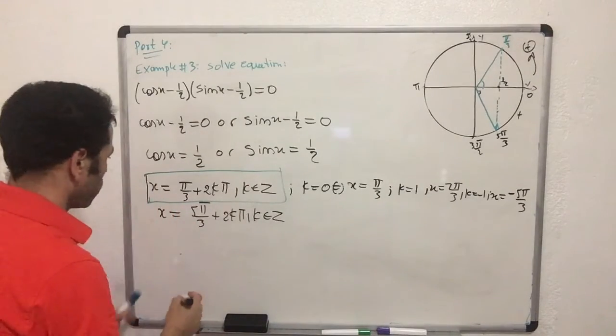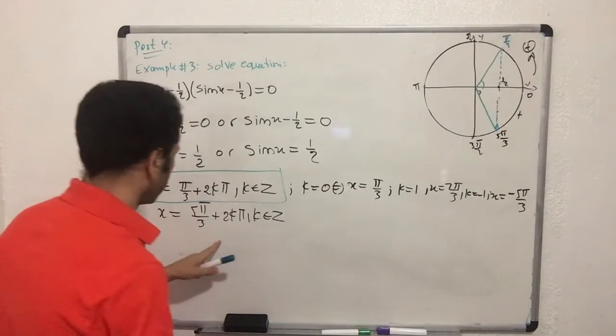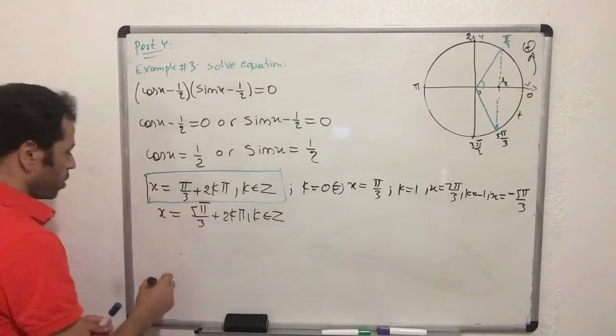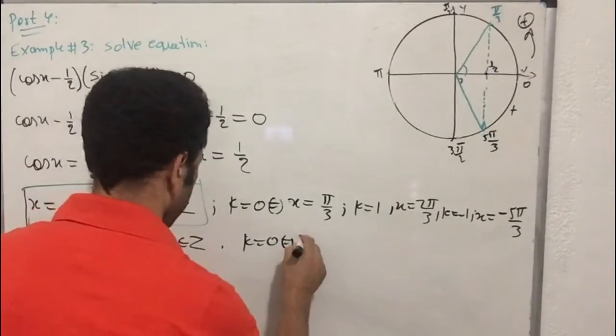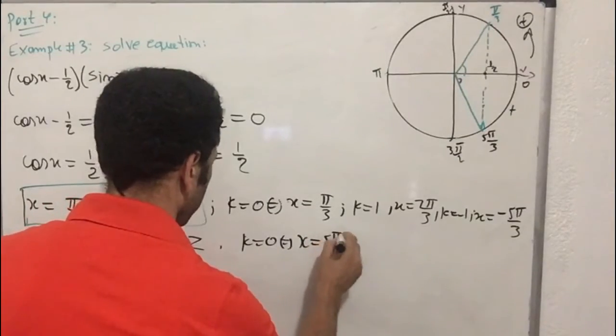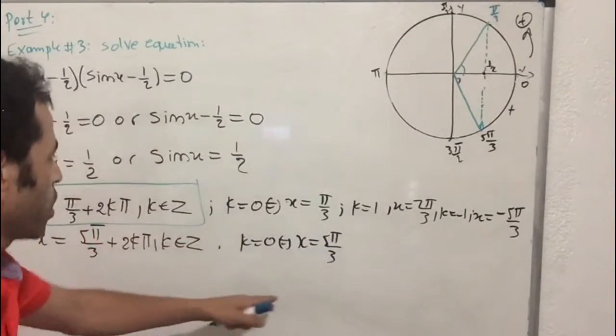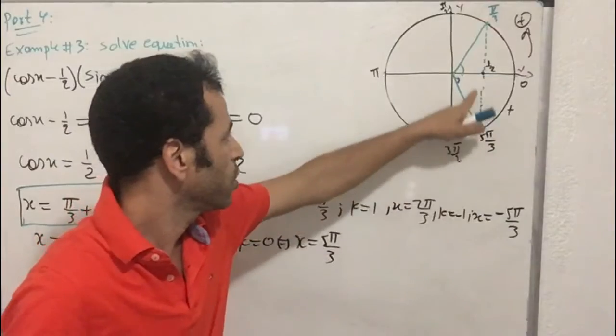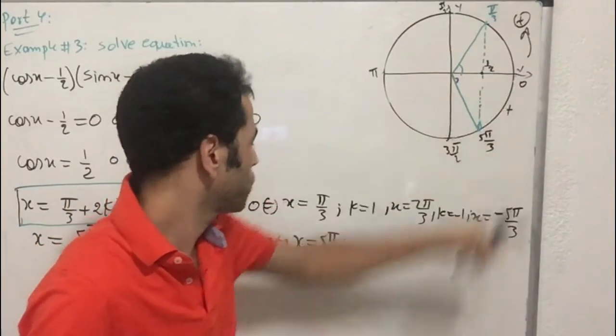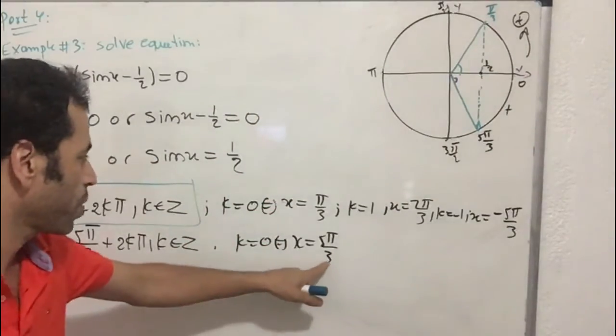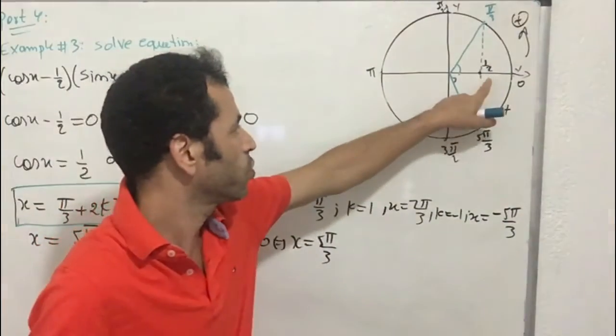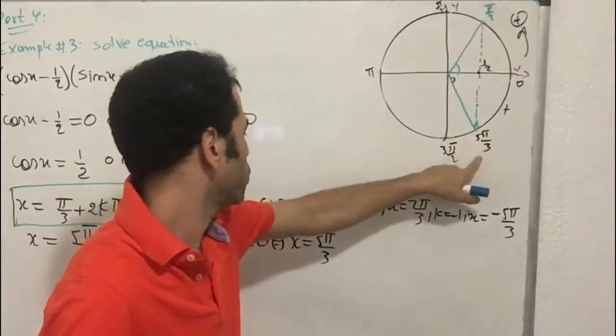So let's move on to another one. x equal to 5 pi over 3 plus 2k pi. With k equal to 0, x equals 5 pi over 3. That means cosine 5 pi over 3 equals 1 over 2. You come into this point now.